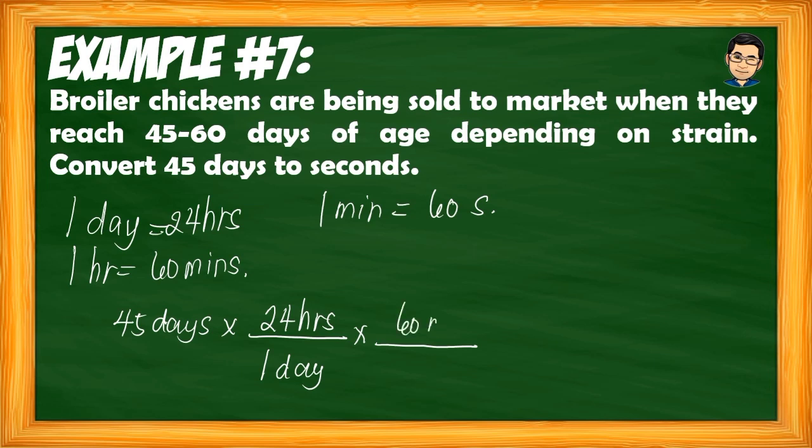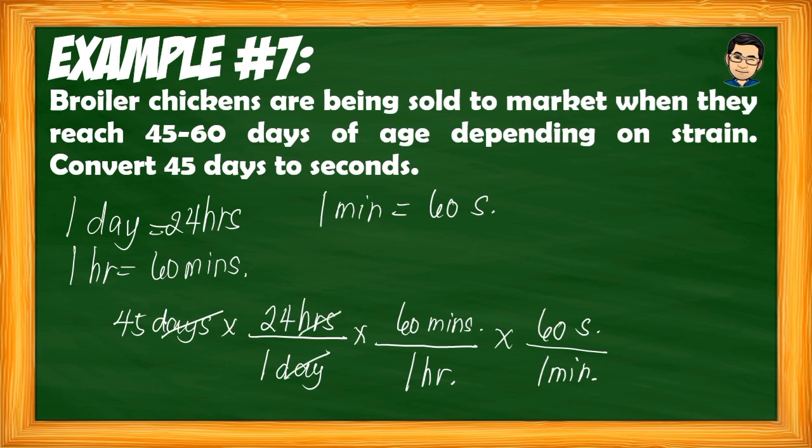60 minutes over 1 hour. So, ayan. Ika-cancel natin yung days, tsaka hours, lilitaw minutes. Pero, kailangan po nating sagot is seconds. Ibig sabihin, kailangan pa rin po nating mag-multiply ng isa pa. So, sa loob ng isang minuto, meron po tayong 60 seconds. Ayan. Saka na po natin i-cancel.